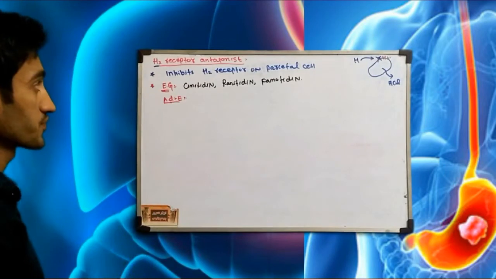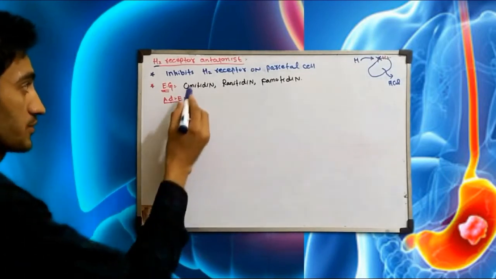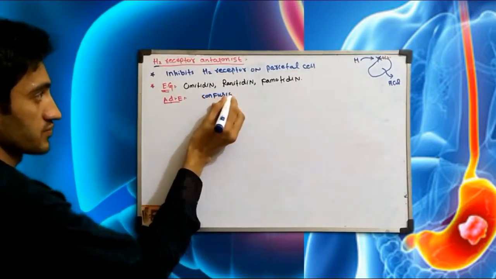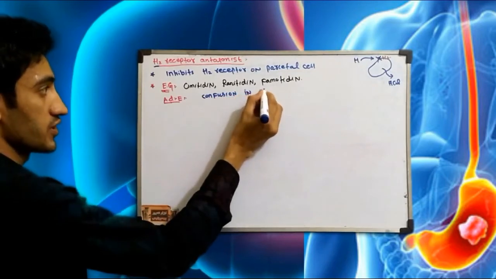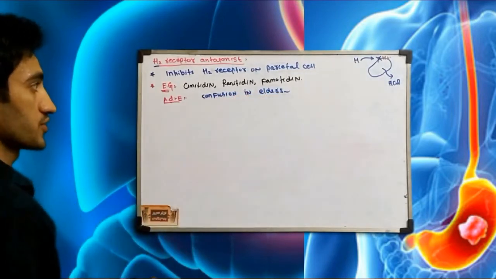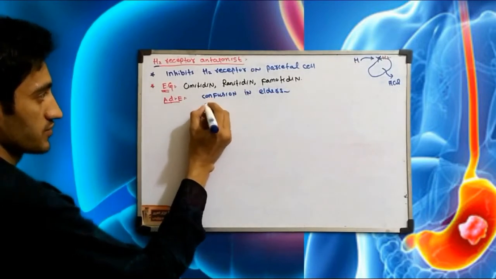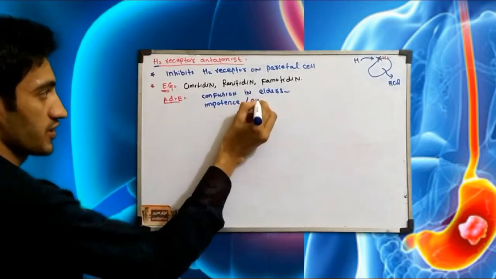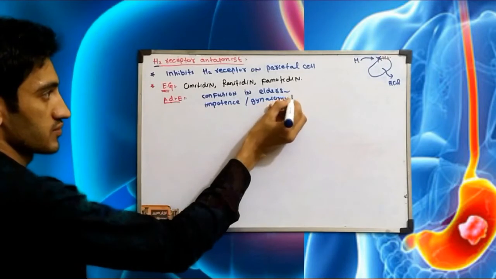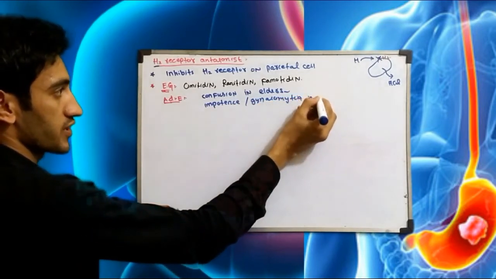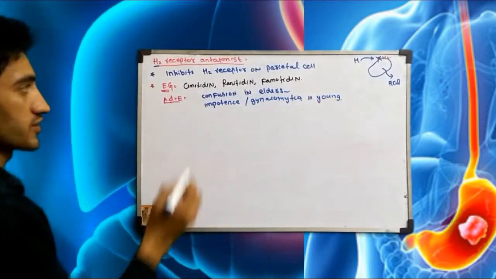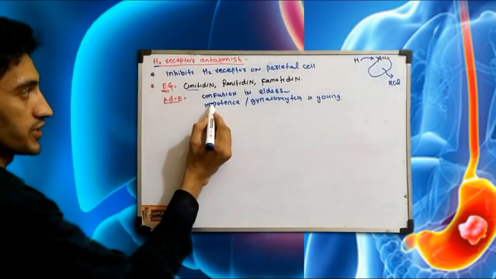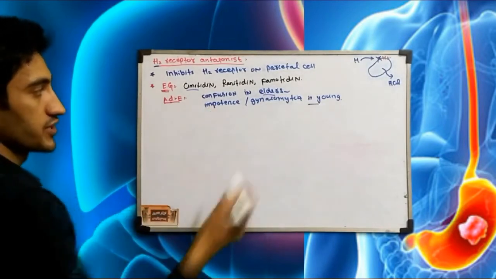The side effect of H2 receptor antagonist, especially cimetidine, is it will cause confusion in elders, old patients. It will cause impotence and gynecomastia in young. Therefore, cimetidine or H2 receptor antagonists are avoided in elders and young patients.